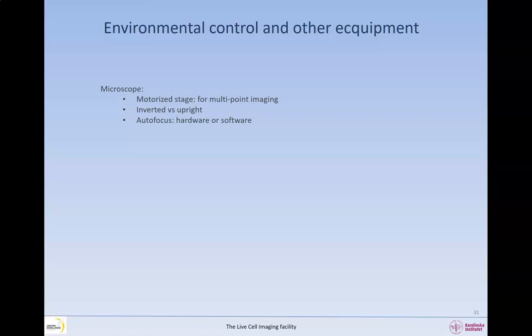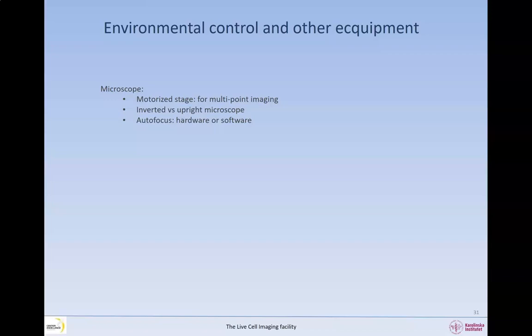Multipoint acquisition allows data collection from many fields of view, which is what we usually do in long time-lapse experiments or drug treatments. Thus, having a microscope equipped with a motorized stage will solve the problem. If you have an upright microscope, moving between different wells or chambers to image several conditions in one time-lapse will not be possible, due to the fact that the objective is above the stage.